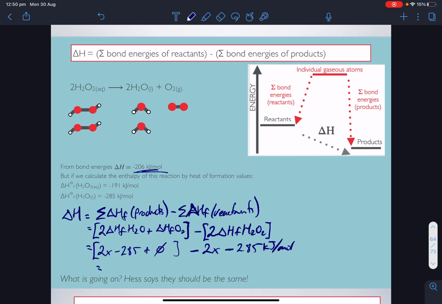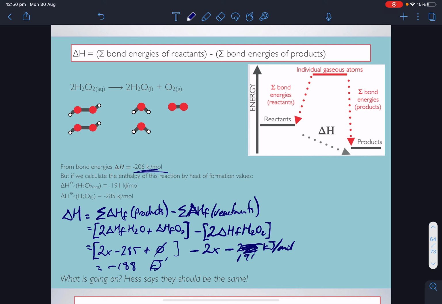The heat of formation of H2O2, what a duffer, is negative 191. Let's see if I've got the right value. 2 times negative 285, and then negative 2 times negative 191, so that's positive 2 times 191. And I get negative 188.